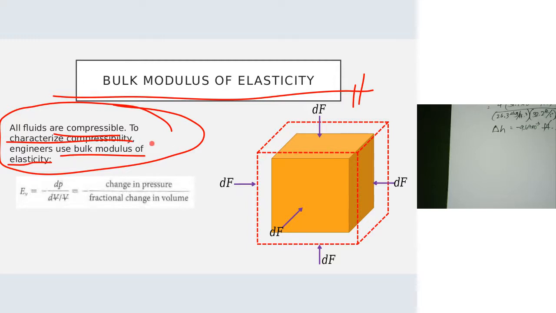So, when we say compression, ang nangyayari kapag kinocompress natin yung isang material, whether it is gas, liquid, or solid, ang tendency is lumiit yung volume. Diba? Lumiit yung volume. So, this bulk modulus of elasticity will describe that scenario.